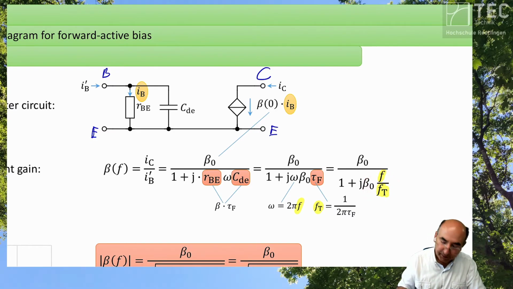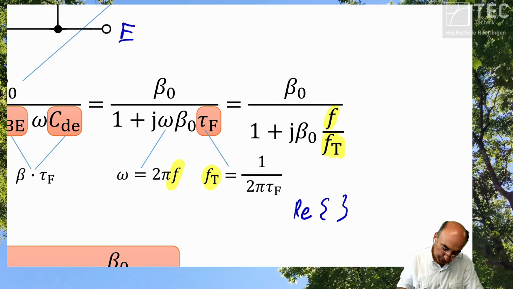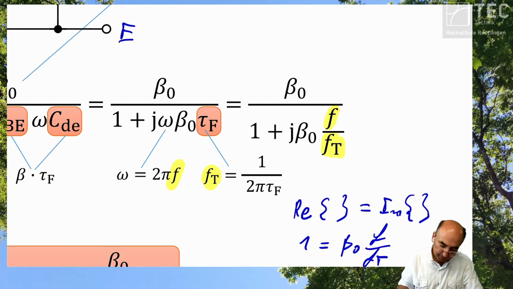What is the definition of corner frequency? If the real part of your expression is equal to the imaginary part of your expression. And it is here the case if 1 is equal to beta 0 f divided by fT.